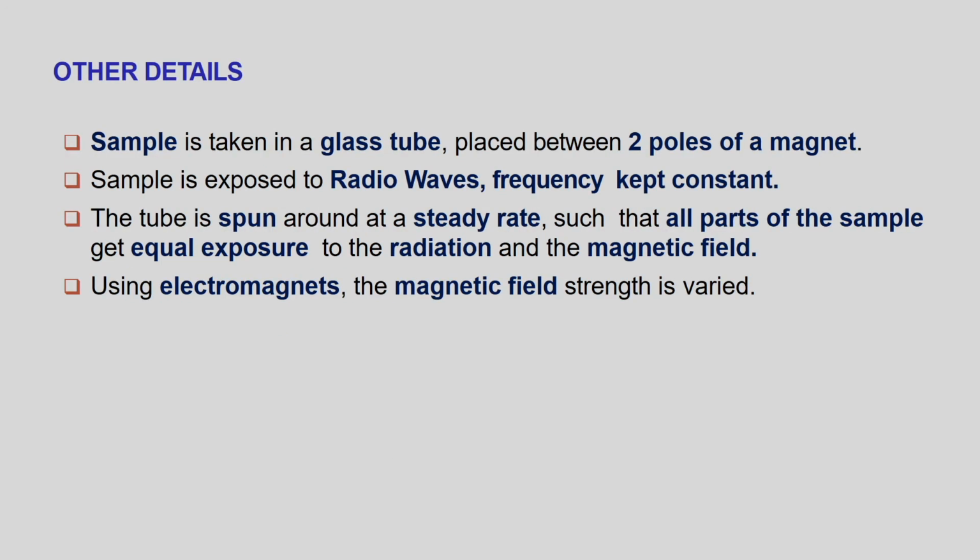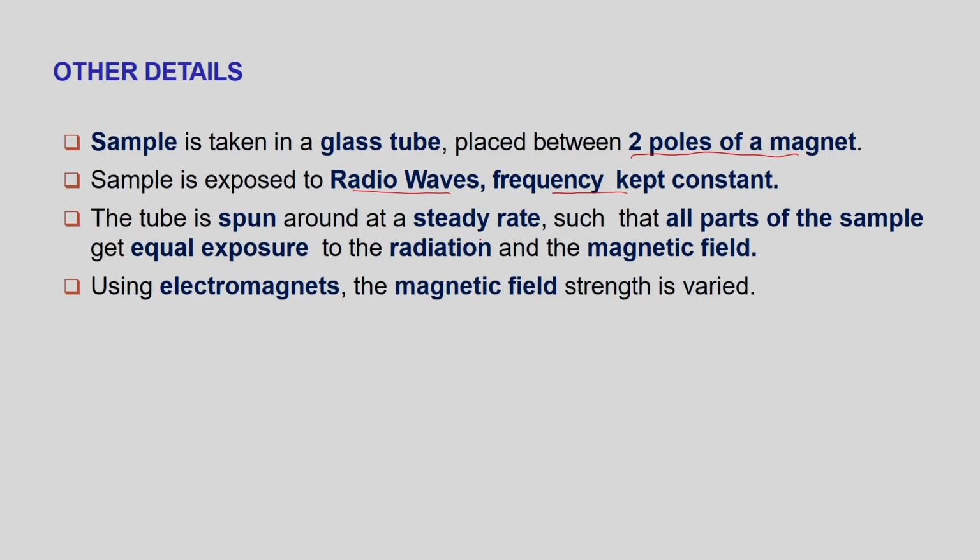Okay. Some other details: a sample is taken in a glass tube. Obviously, as you see, it is placed between the 2 poles of a magnet. The sample is then exposed to radio waves, with the frequency kept constant. So, as I told you, you actually alter the magnetic field, you generate radio frequency, and this radio frequency is kept constant. Then the tube is spun around at a steady rate.